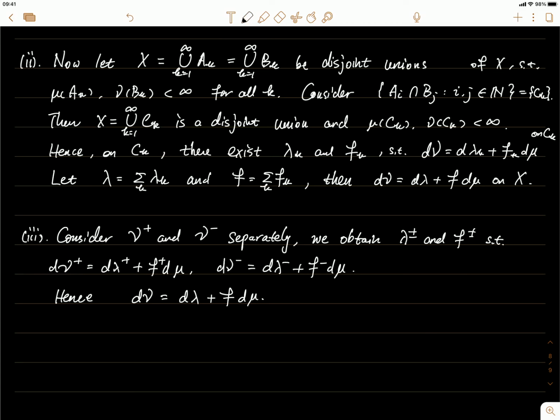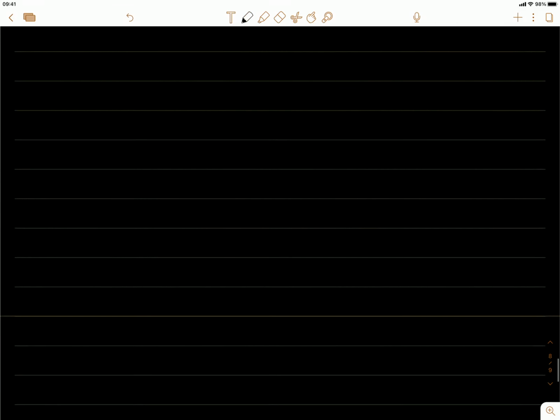Okay, now, just to remind you, the decomposition we obtained by the Radon-Nikodym theorem has a name in the history. It's called the Lebesgue decomposition.